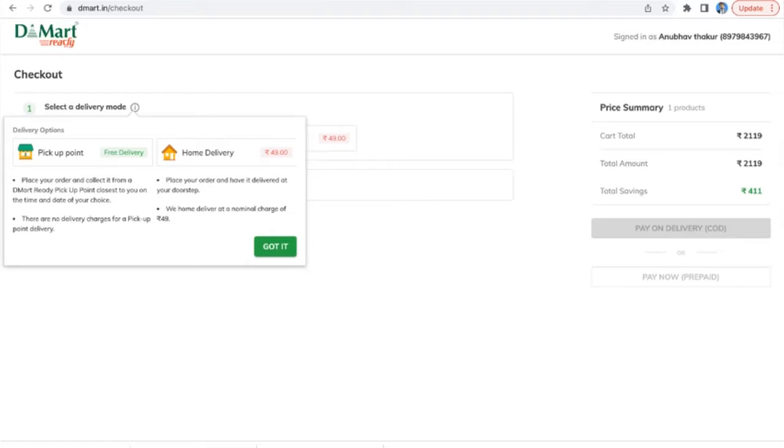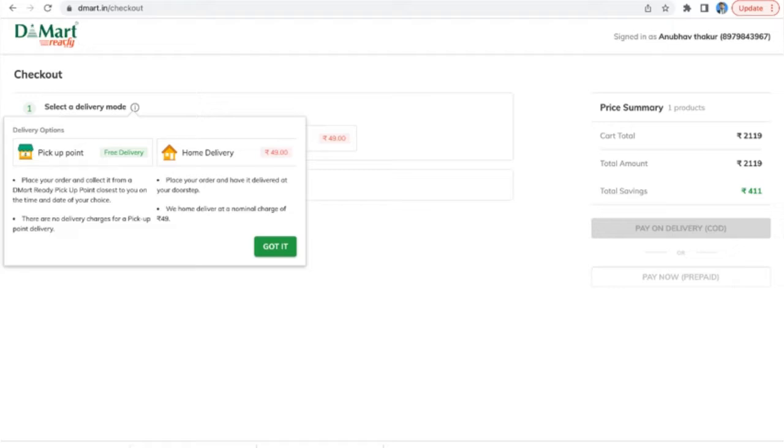Once all the products are added to the cart and before checking out, you have a great option of either picking up from the nearest pickup point, which will be a DMart outlet, or home delivery, where you have to pay rupees 49 per order, which is an amazing feature compared to the other competitors. The pickup point is a great thing.